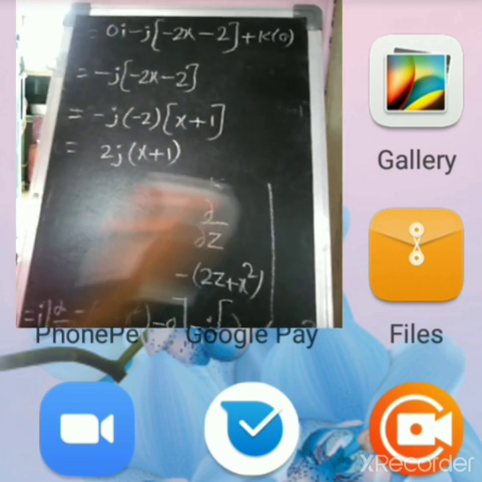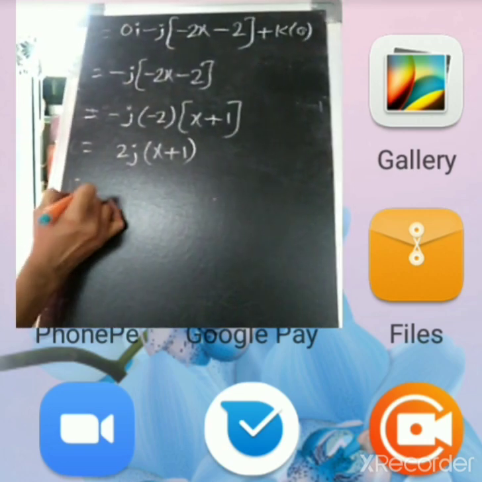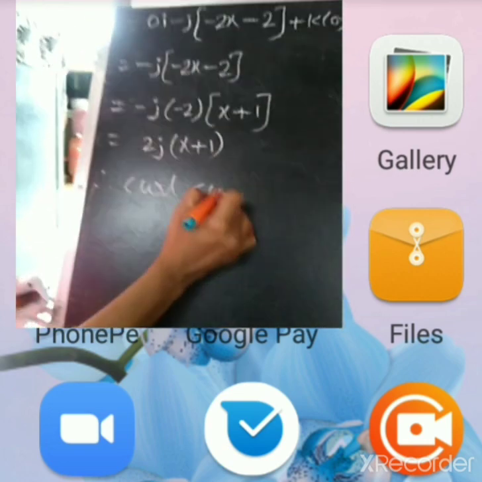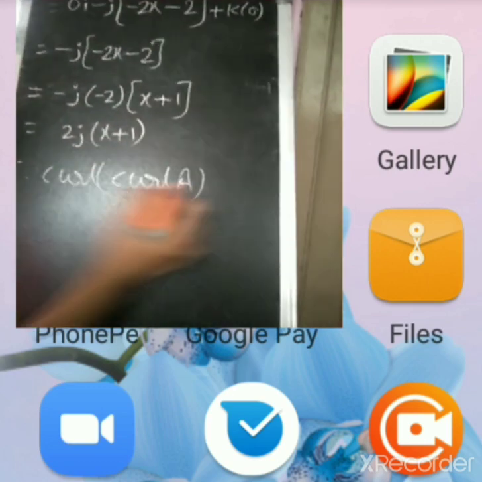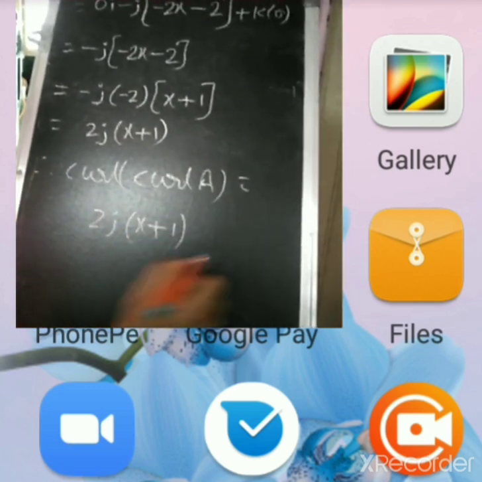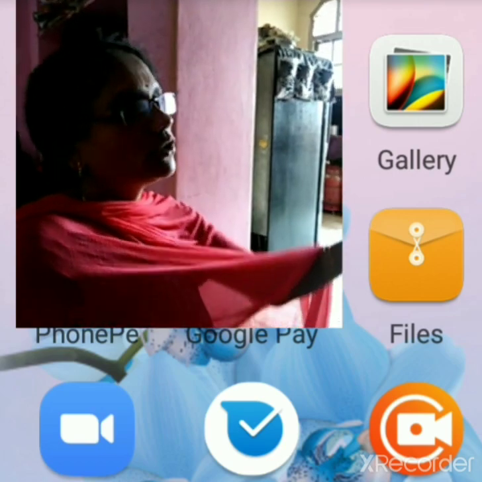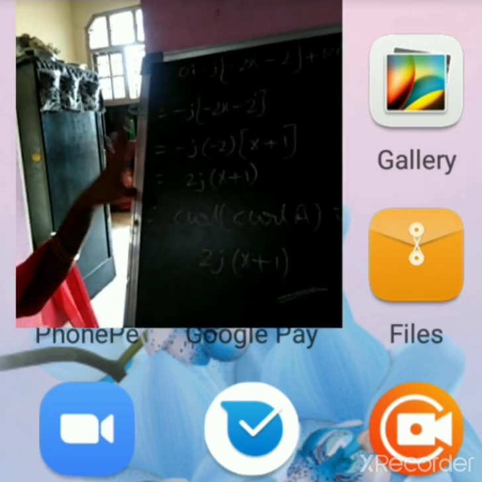So this is the value of curl of curl A. Therefore curl of curl A is equal to 2j into x plus 1. So this is the value of curl of curl A. Like that we can solve any problems.